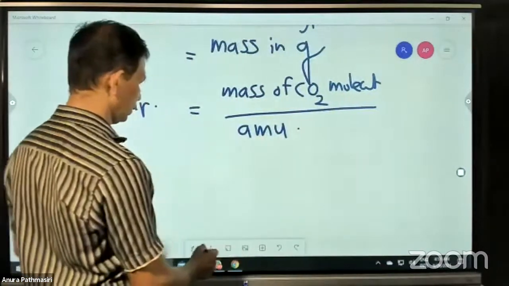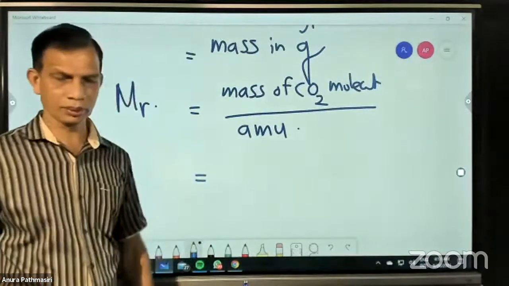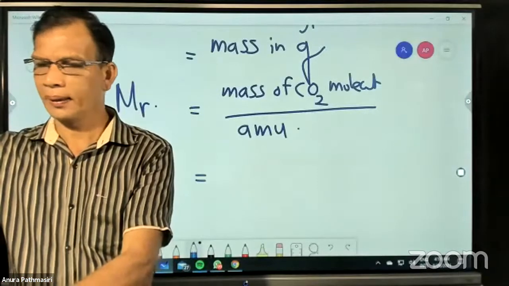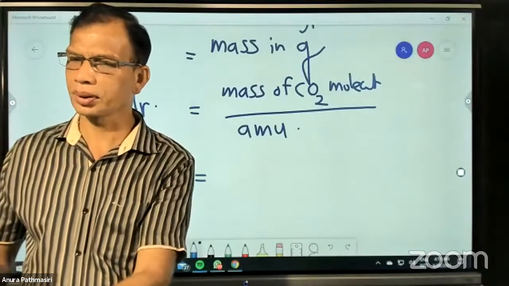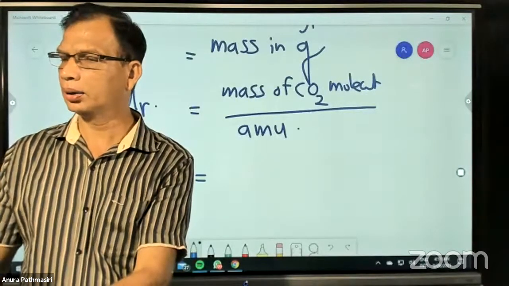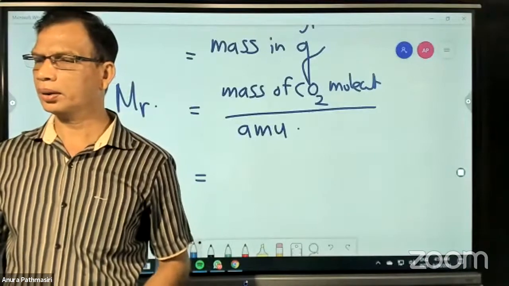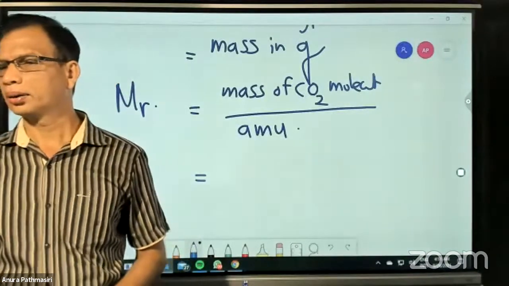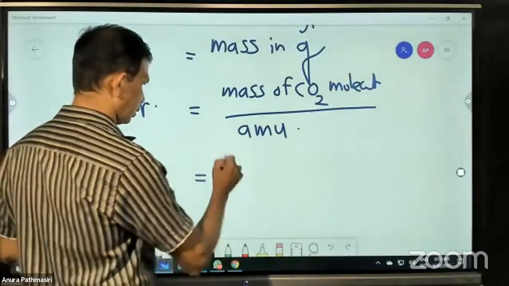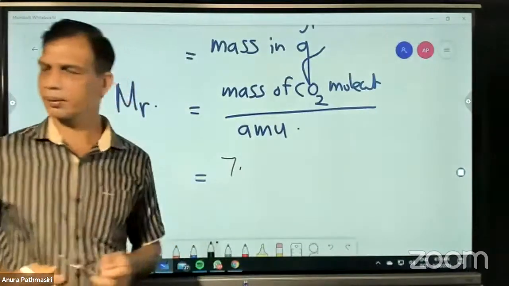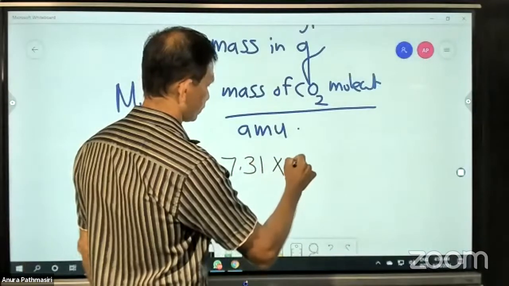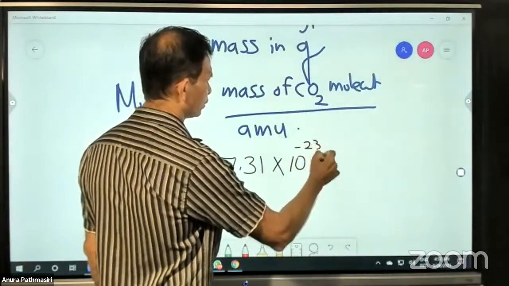Well, if you consider the mass of carbon dioxide, I'm not going to measure it because it's very difficult for me to measure, but I'm going to find it from the given source. As you can see, it is given in your book: 7.31 times 10 to the power negative 23 gram.